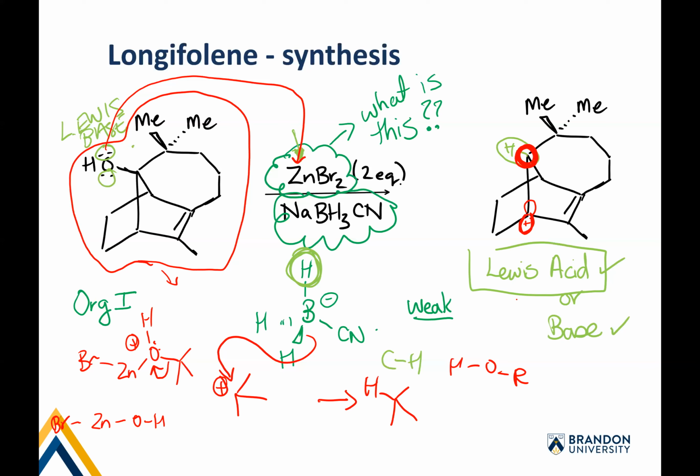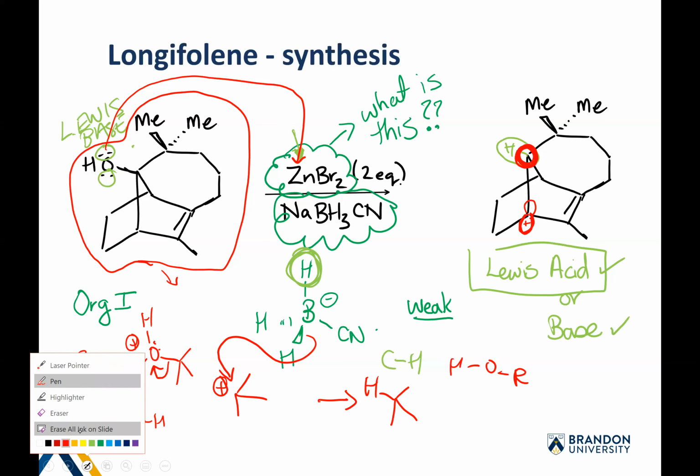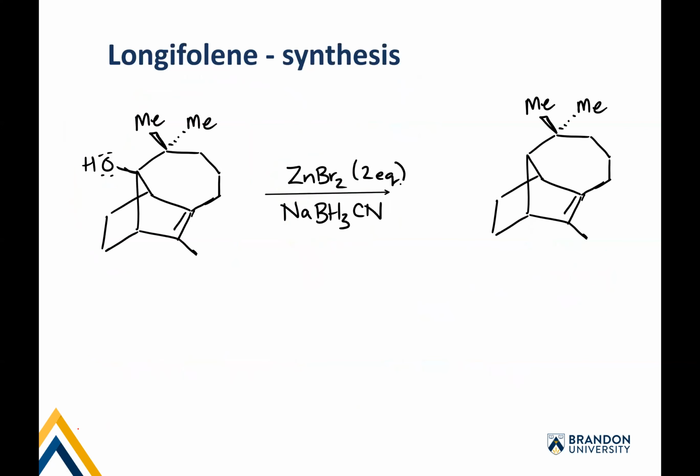But anyway, I think that it's a reasonable mechanism for what it worked. So I'm gonna just erase all this stuff. So that's what's going on there. They converted the OH group into a carbon hydrogen. Now the last two steps are really fun.